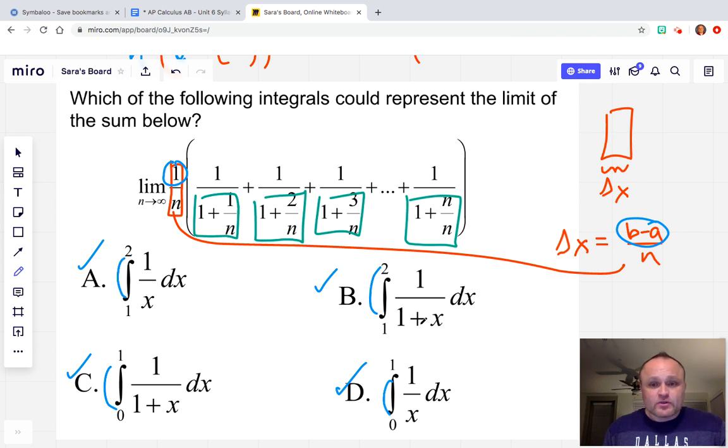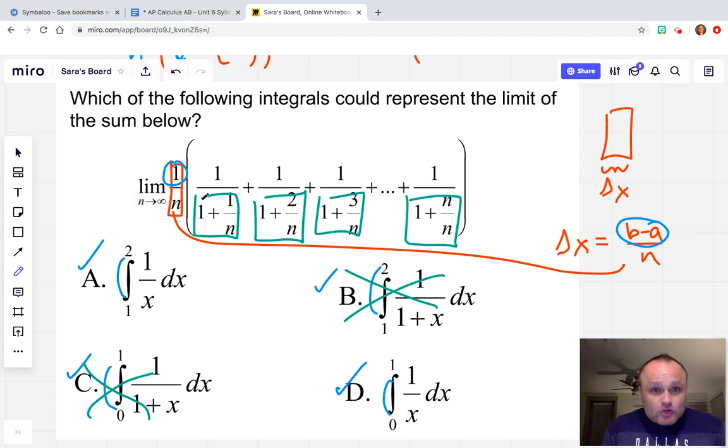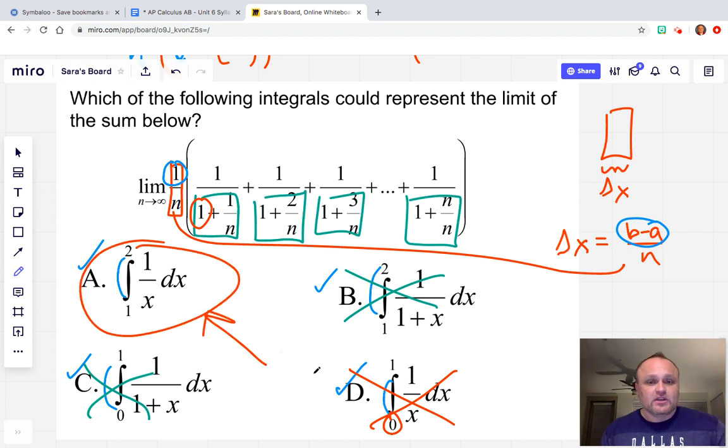So it's not going to be b, nor is it going to be c, because it's a 1 over x function. And now what we're going to do is show you starting at 1, we're going to do this 1 over x jump. So this one starts at 0, so it is not D. This one starts at 1, it's going to be A.